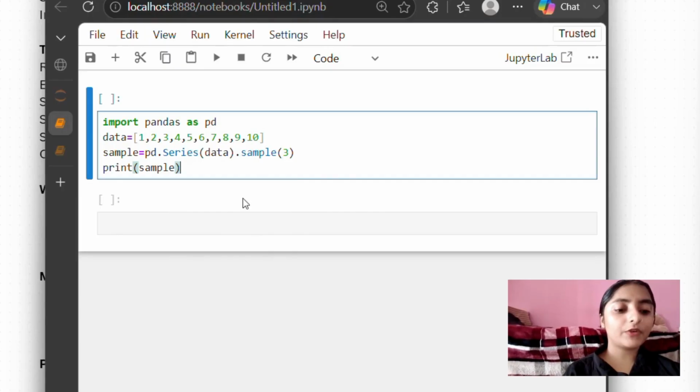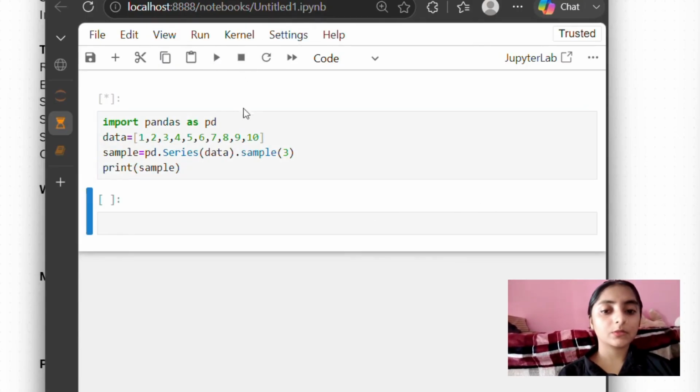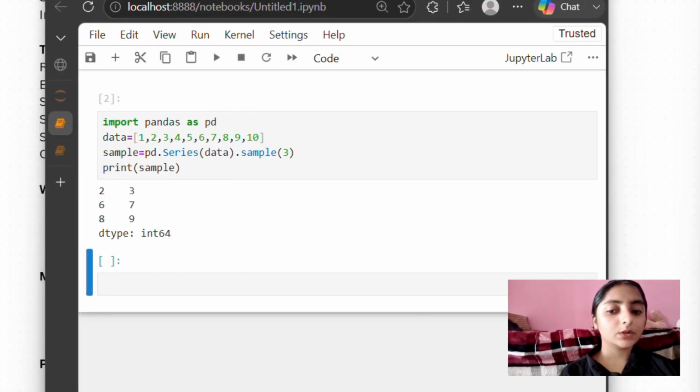For example, it may select 8, 3, 6 or 2, 10, 5. Every time you run it, you may get different values because the sample is random. Lastly we are displaying the randomly selected samples. Let's run this one. We got a result like this. It's selected randomly.